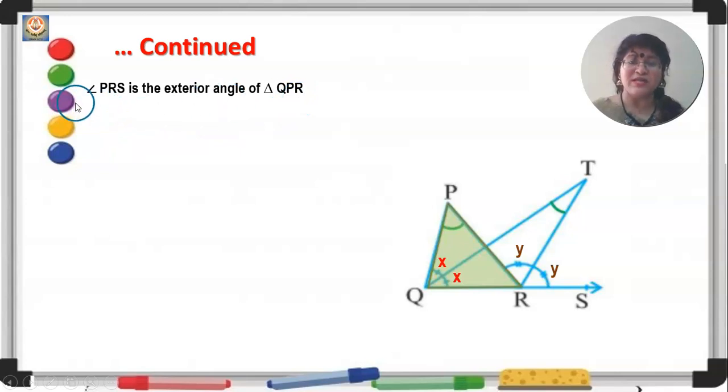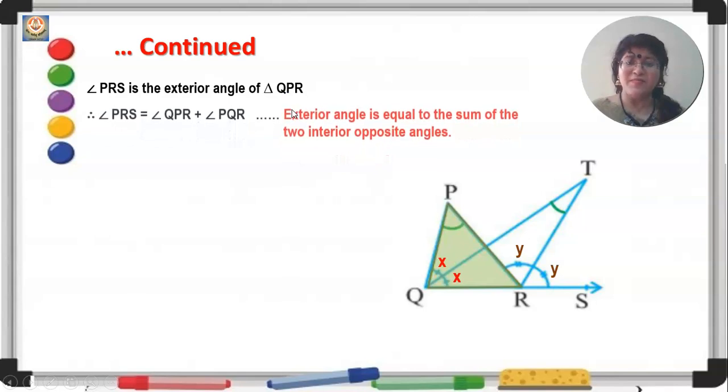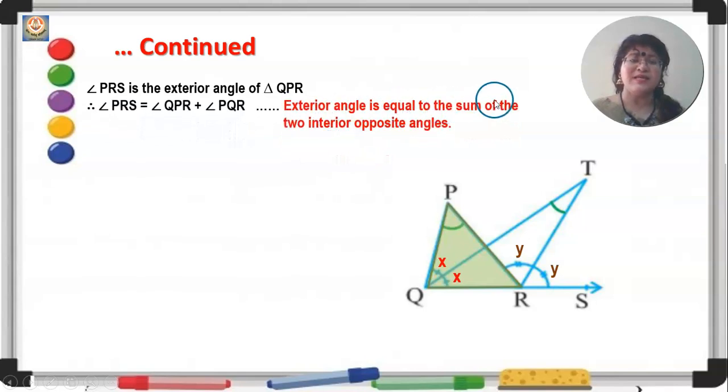It is very important that you mention which is the exterior angle of the triangle. Because of this, you get the theorem, that is the exterior angle is equal to the sum of the two interior opposite angles.